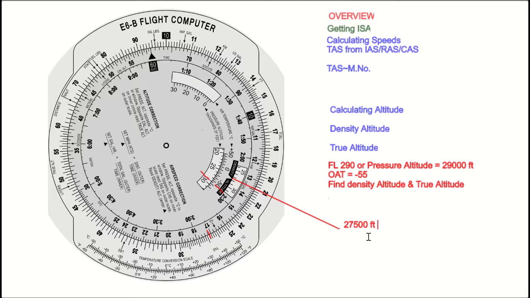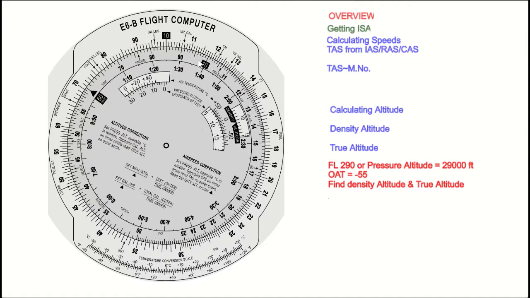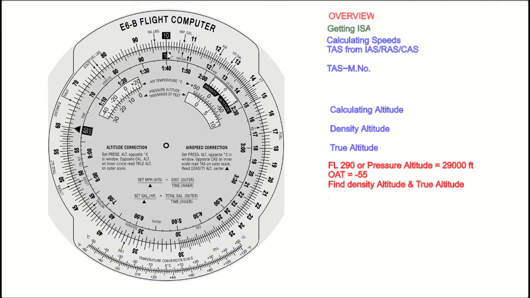So your density altitude is lower. That means you're lower than ISA, right? If OAT is minus 55, let's check what should be the OAT under ISA. I expect the OAT under ISA to be a little higher than minus 55. It should be close to minus 45 or something like that. Let's try out. To find out ISA, we put 10 on 10.